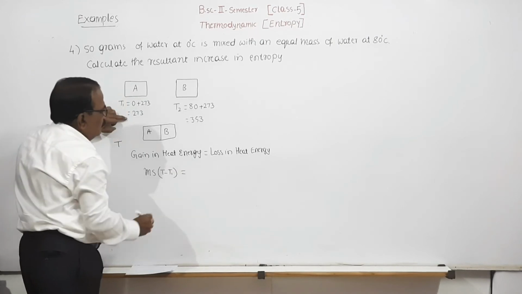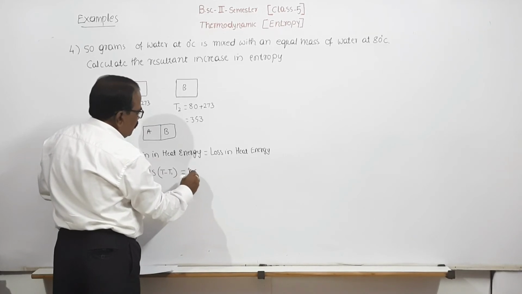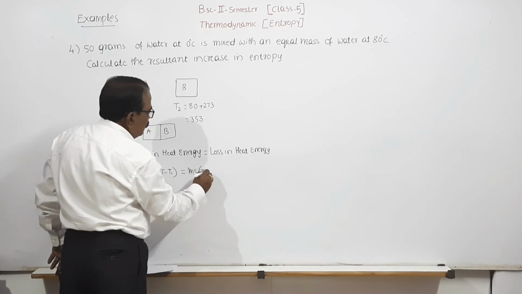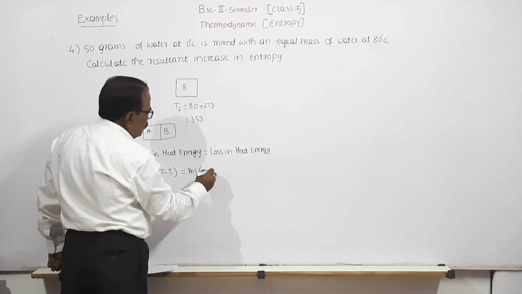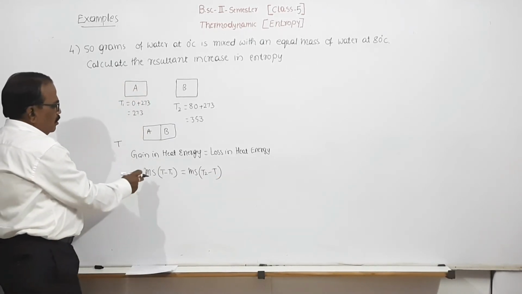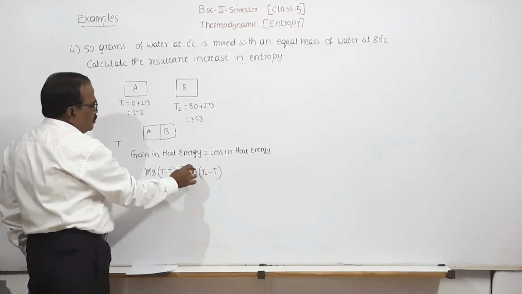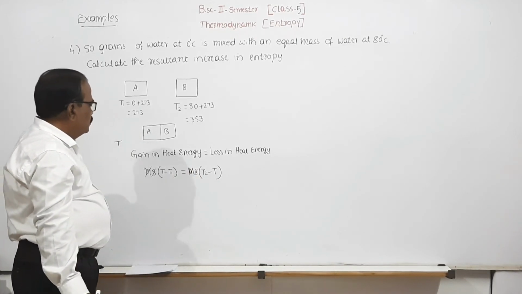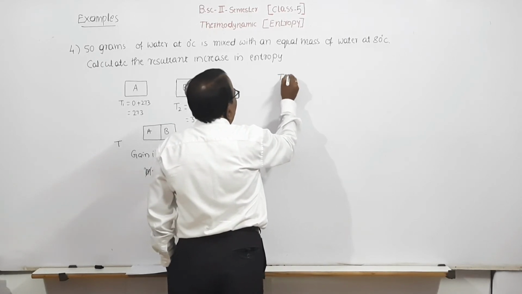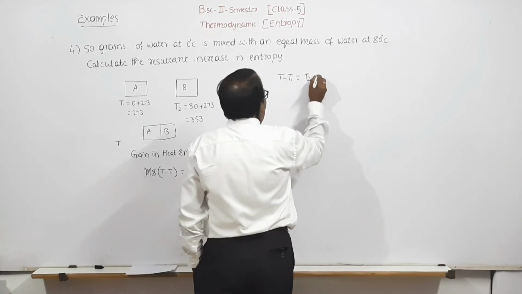That should be equal to m into s into T2 minus T, because the temperature decreases. Then m is the same on both sides because the mass is the same, and the specific heat also cancels. So T minus T1 is equal to T2 minus T.